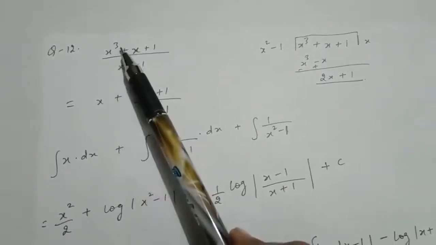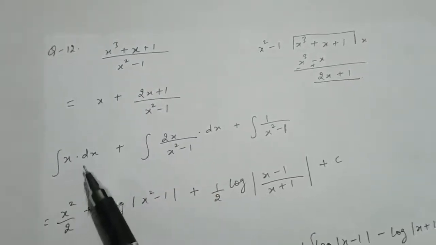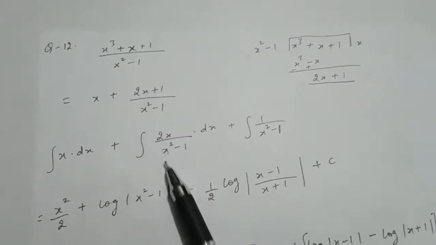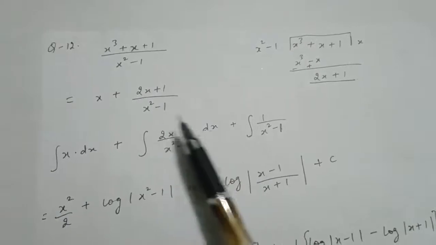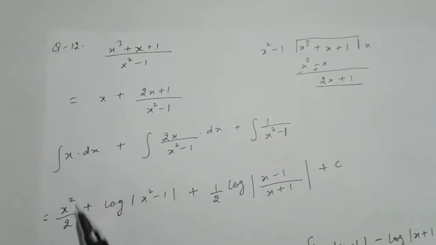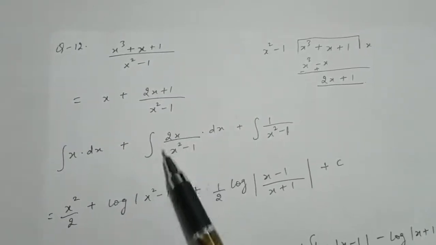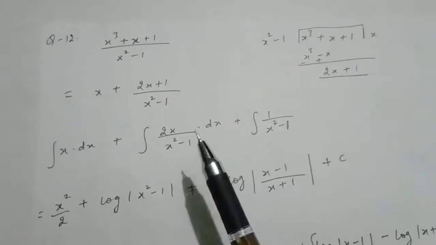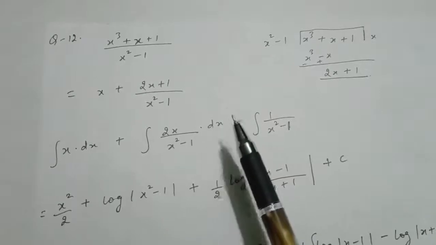Now the integral of this function will be the integral of x plus the integral of 2x upon x square minus 1 plus the integral of 1 upon x square minus 1. Now the integral of x is x square by 2 plus, see, when you let x square minus 1 as equal to t, you will get 2x dx as equal to dt.